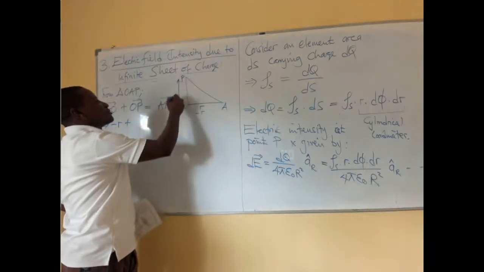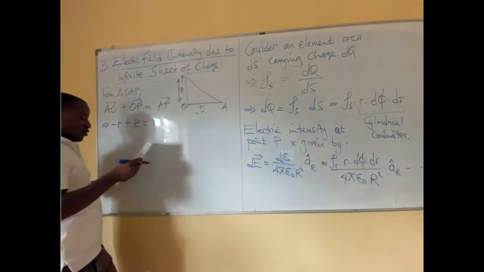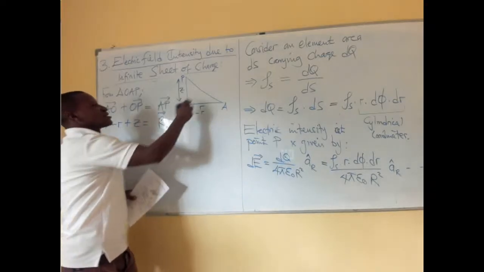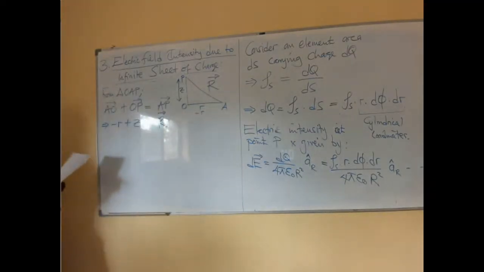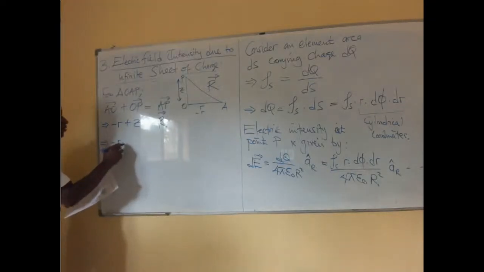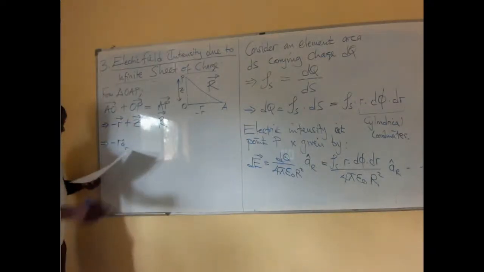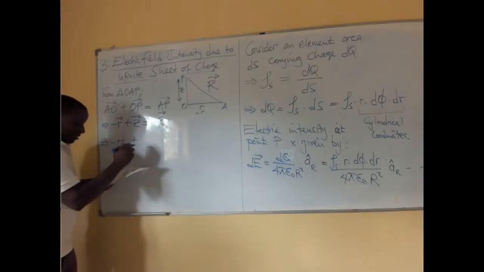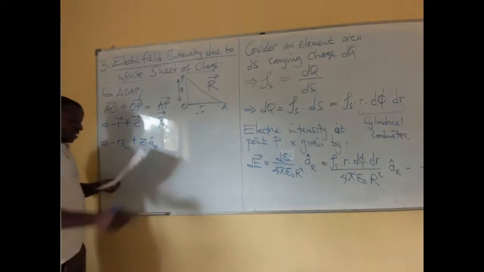So we have no problem with that. This is Z, which must be equal to R, which we are calling R on the other side. From there, the implication is that minus R of AR plus Z of AZ, these are actually vectors. Now we are removing the vectors.